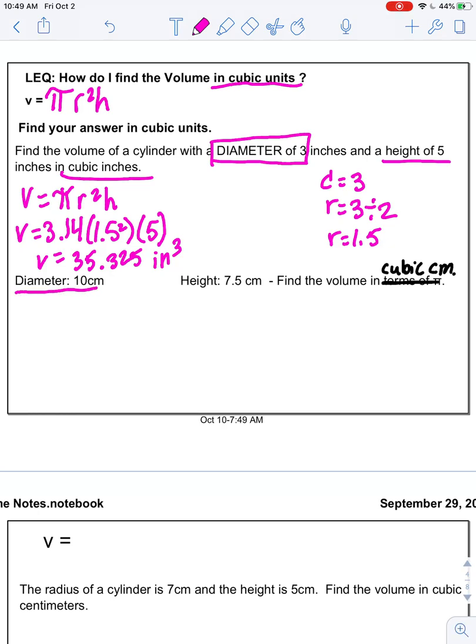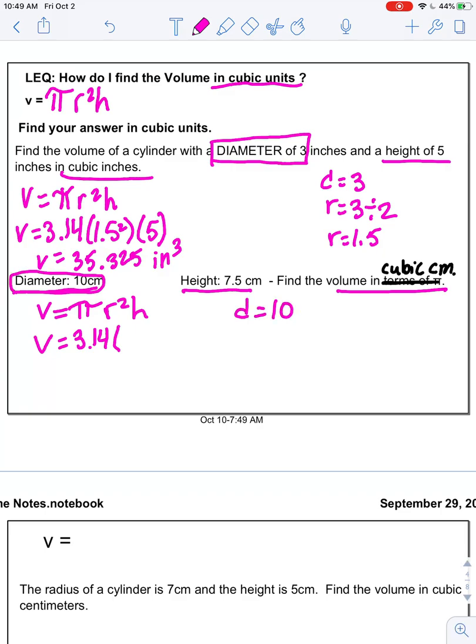We have a diameter of 10 and a height of 7.5. We're finding volume in cubic centimeters. Starting out with your formula, V equals pi r squared h, using 3.14 for pi. We're not given a radius, we're given a diameter, so we need to take that diameter and divide it by 2 to get your radius. So your radius is 5, and we need to square it, and then our height is 7.5.